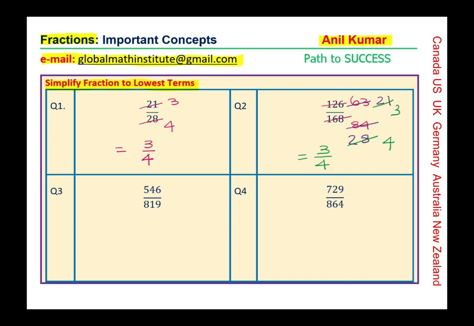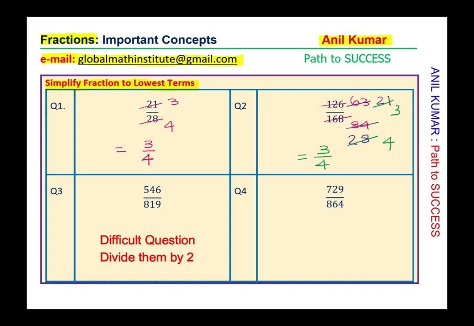Now let's look into 546 over 819. These are really big numbers, slightly difficult to divide. If I add 5, 4, and 6, I get 15, which means I can divide it by 3. 8, 1, and 9 add to 18, so I can divide this by 9.